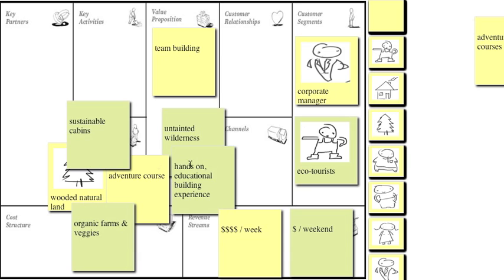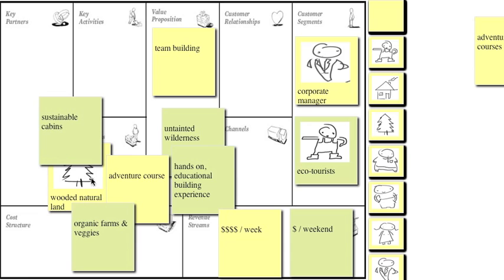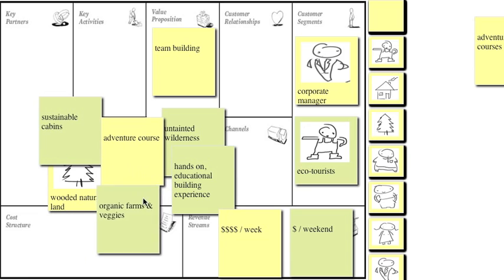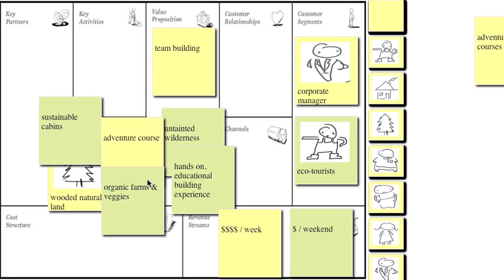Where it becomes an advantage, where these key resources come into play, is as they build up over time. When you first start out, you've got a couple cabins, a weak adventure course, maybe only one zip line. It's not that interesting. But as you keep going and you keep catering to these free or low value users, you eventually build up something really remarkable. You've got beautiful buildings that are totally made out of local natural ingredients.